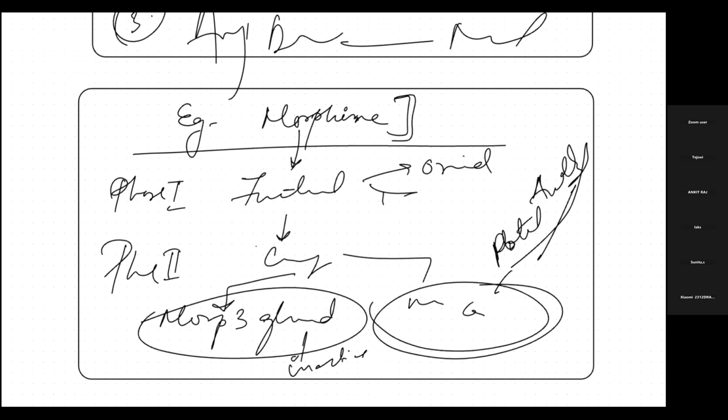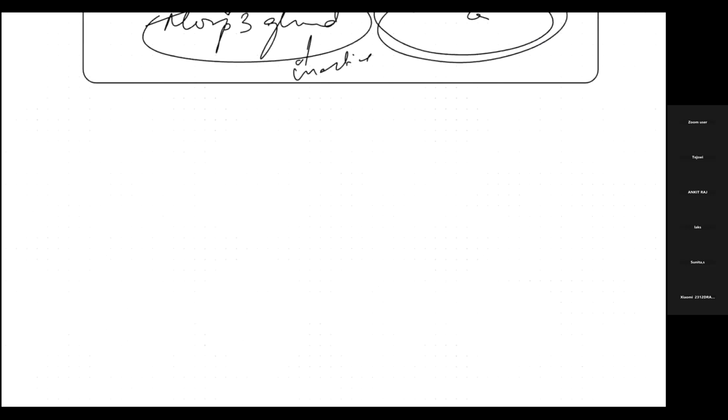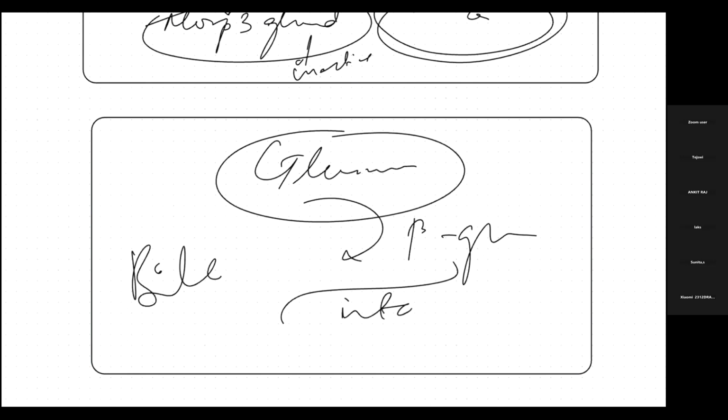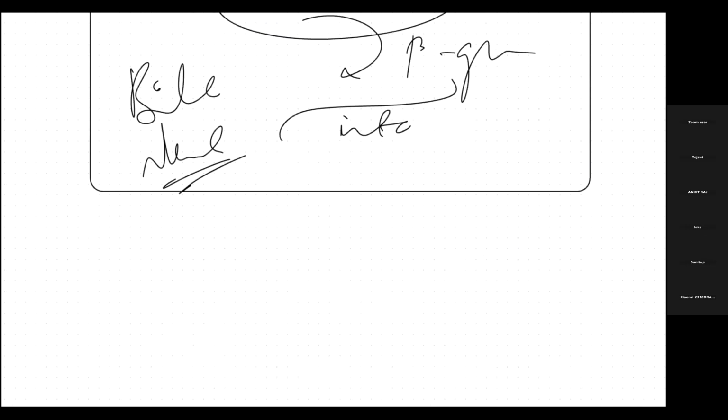So what we have to do is eliminate it, isn't it? Once the action is completed, we need to eliminate it. So we will take this morphine, and we will tell the P glycoprotein to take this morphine into bile or into urine, so that it can be excreted. So this was an example of a drug which can get eliminated.